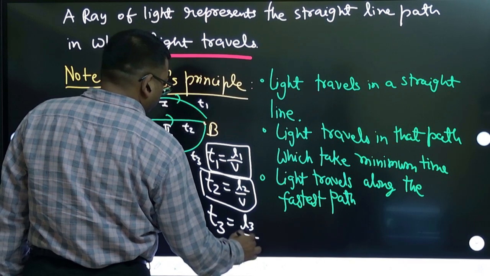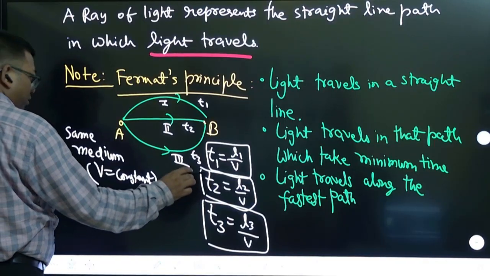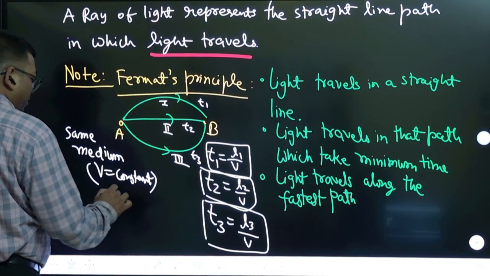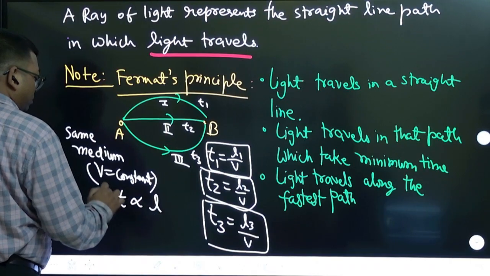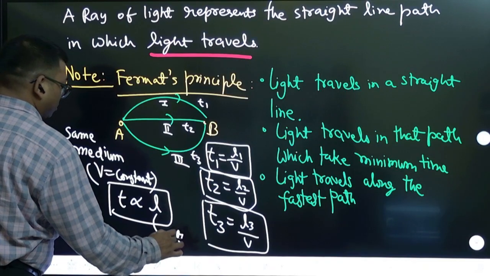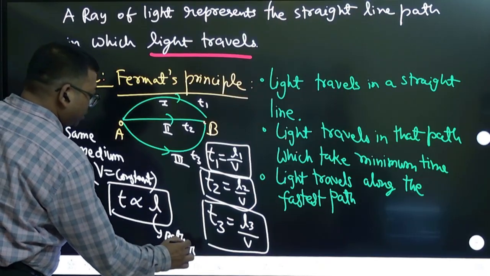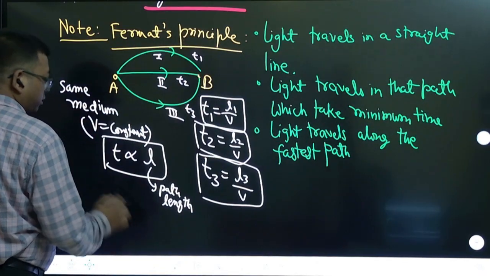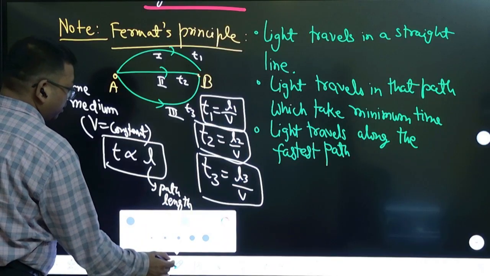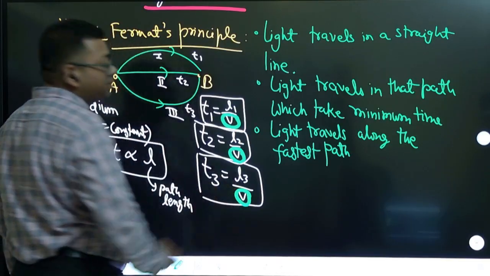distance L3 by v. Now tell me, because time is equal to distance by speed, so time is proportional to the path length L. Because everywhere speed is same, right? Why same speed?